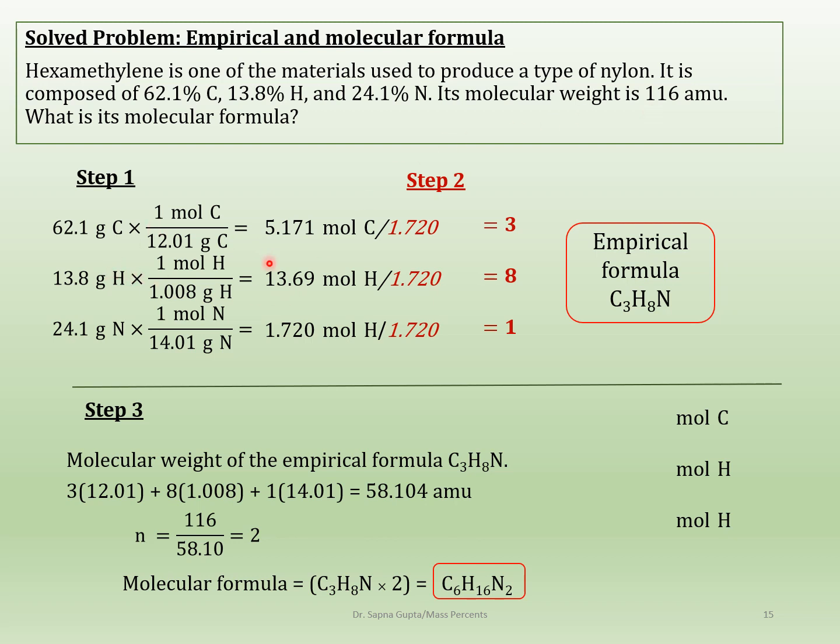Again, I've done everything really quickly over here. This is converting carbon to give you moles of carbon and then moles of hydrogen. Remember, you're just converting all the percents to grams, and then you find the moles of everything. Once you have the moles, remember the second step is to divide by the smallest number. The smallest number is 1.7.